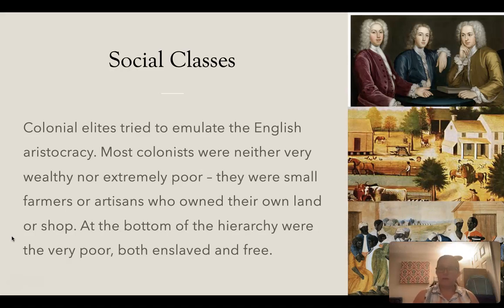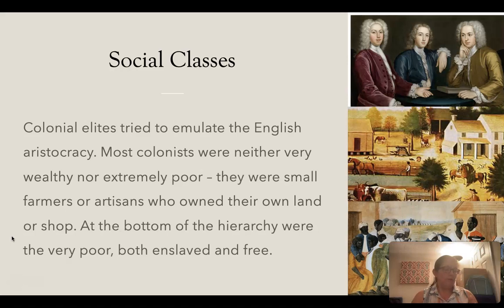Both enslaved people and also free people are at the bottom of the pyramid. Enslaved people, of course, live in extreme poverty. Free colonists at this level in society also increased as land started to become scarcer. That forced those who could not buy land or could not own property to try to find work in the cities or in other colonies.